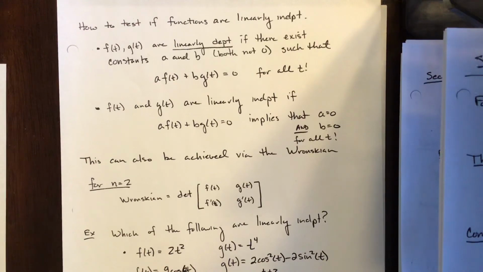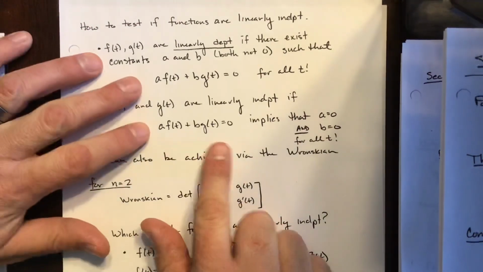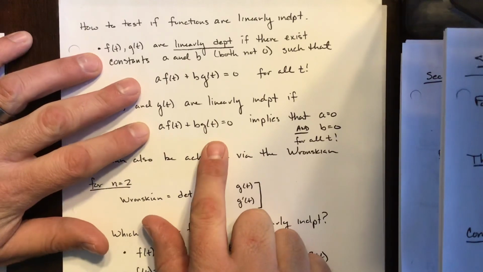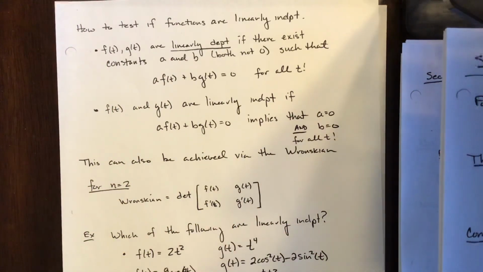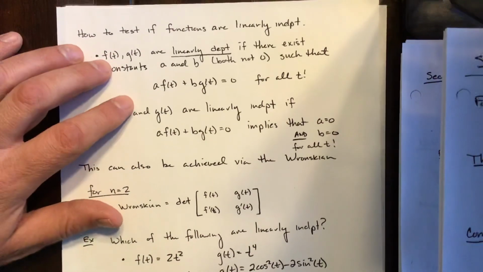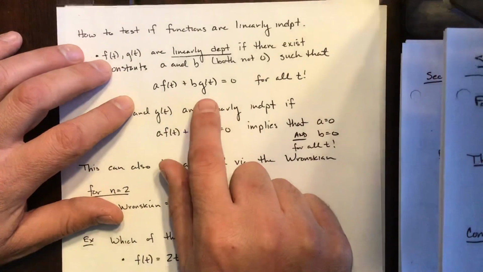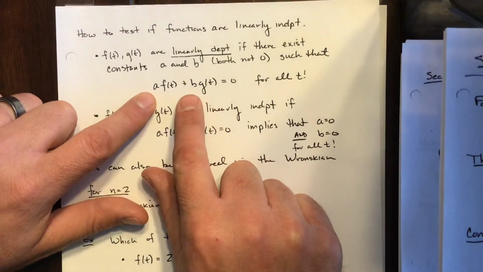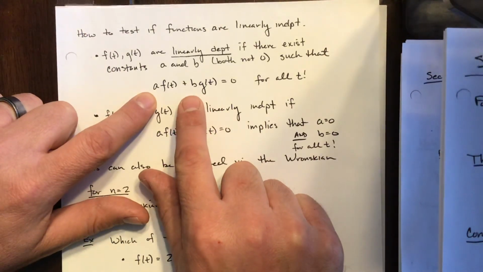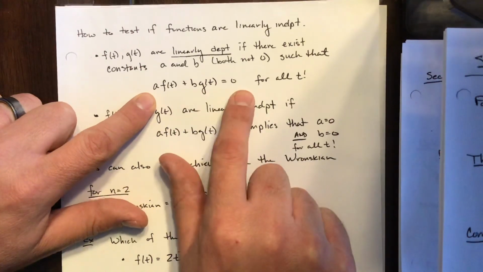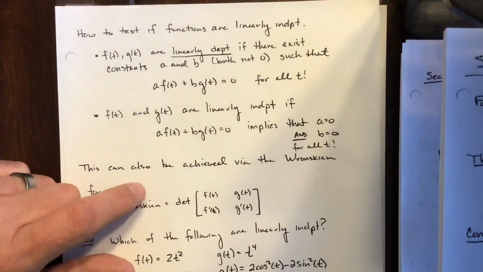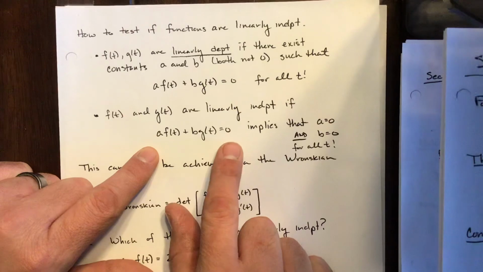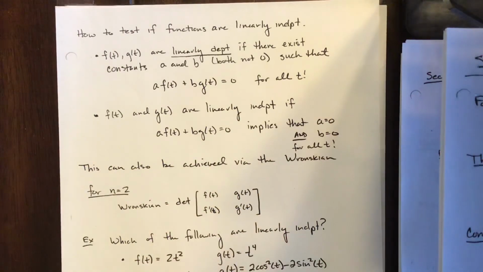Basically, there are functions that satisfy these two definitions, but they're the same definitions that we use for vectors, okay? Functions f and g are linearly dependent if there are constants a and b, not both zero, such that a linear combination is zero, but they're linearly independent if the only way for this to output zero is for a and b both to be zero.